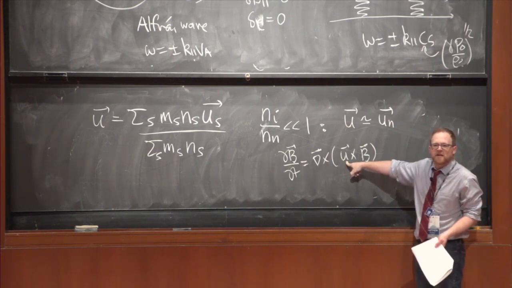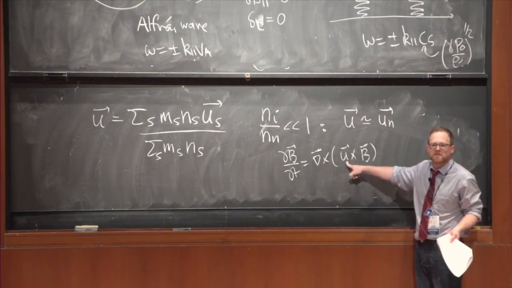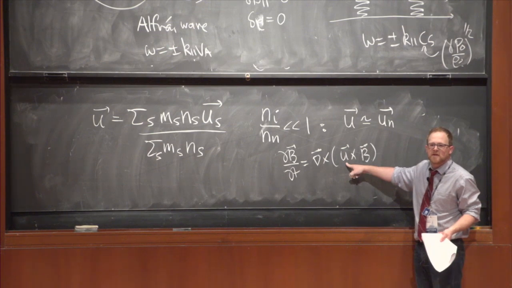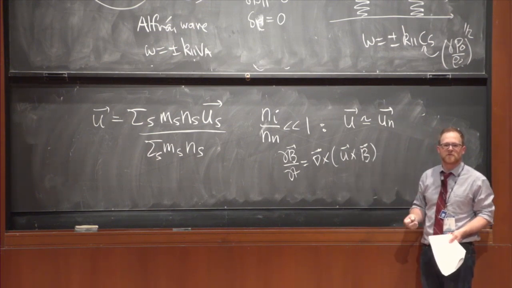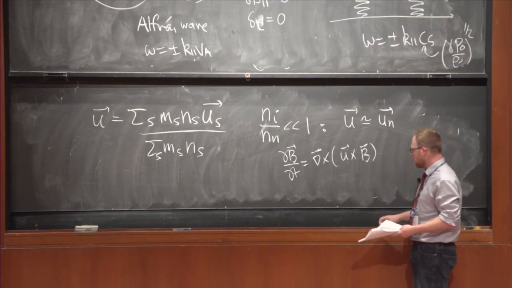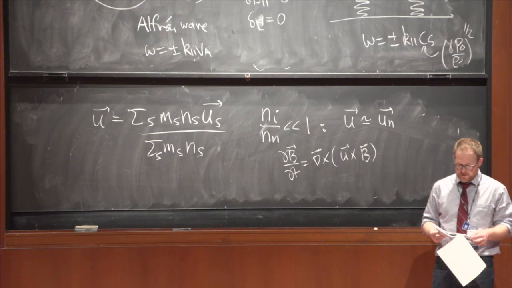It's surely not the neutral velocity. It just wouldn't make any sense. Why would a field line be tied into a bunch of non-charged species? This is really important in molecular clouds, the interstellar medium, protostellar cores, and protoplanetary disks. That subject is called multifluid MHD, which I'll teach you all in 2 minutes.